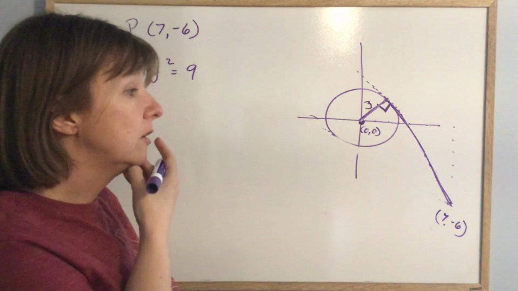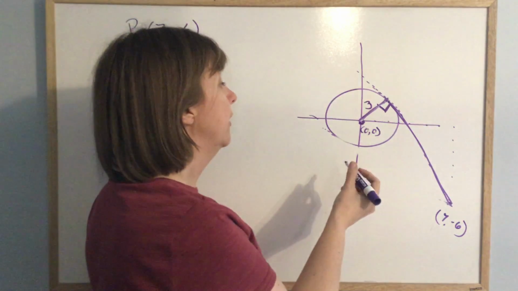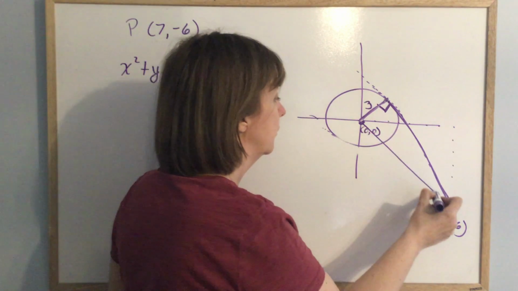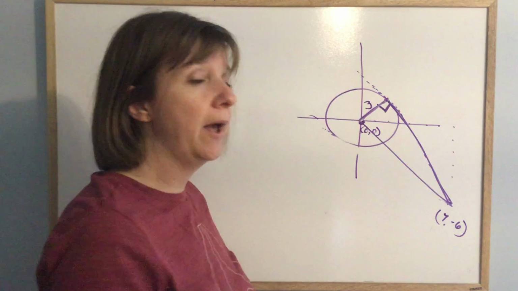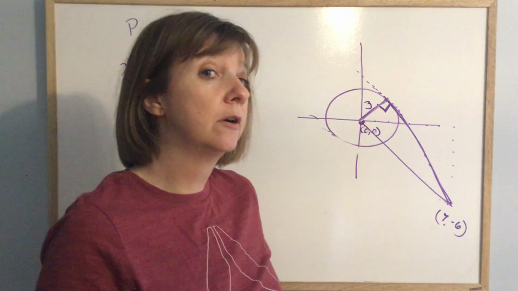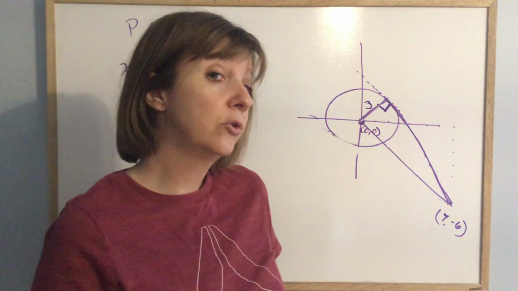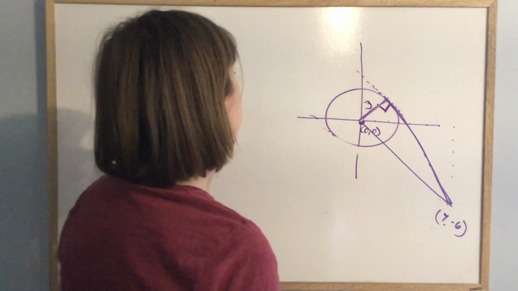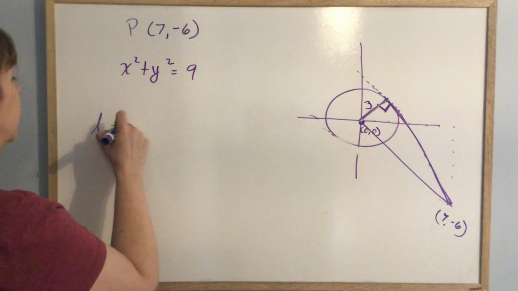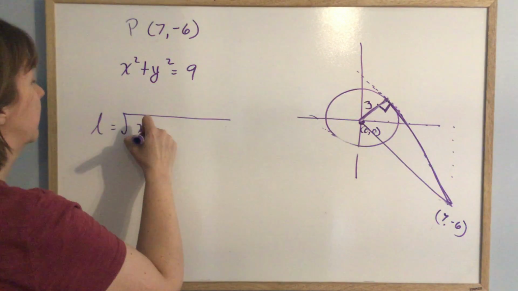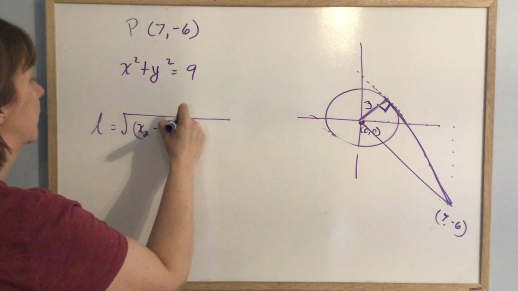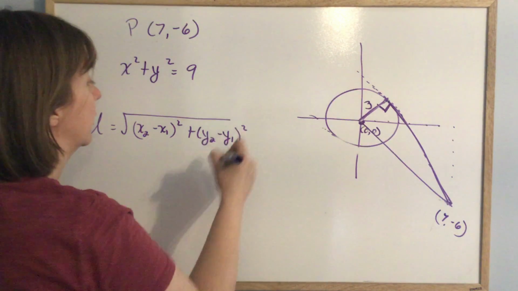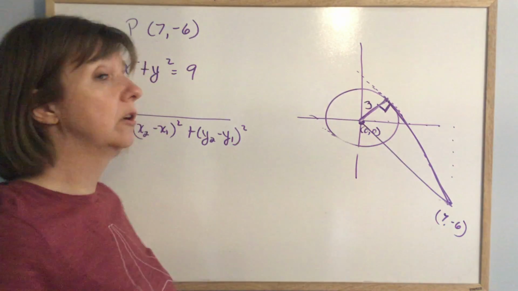Now, I'm going to do a little bit of magic. If I draw a line from the center of the circle to this tangent point, what do I have now? I have a right angle triangle. I know the length of a line formula is the square root of (x2 minus x1) squared plus (y2 minus y1) squared, and most of you know it because you used it on your test.